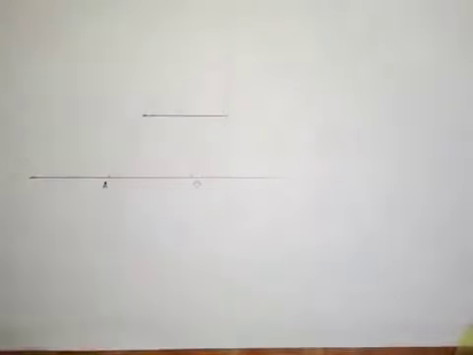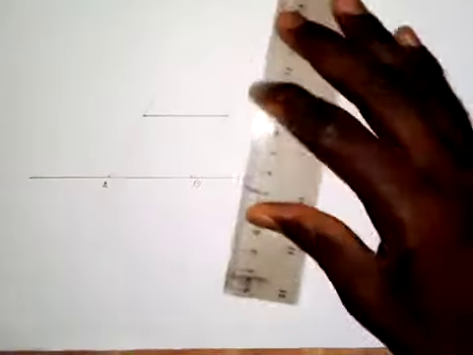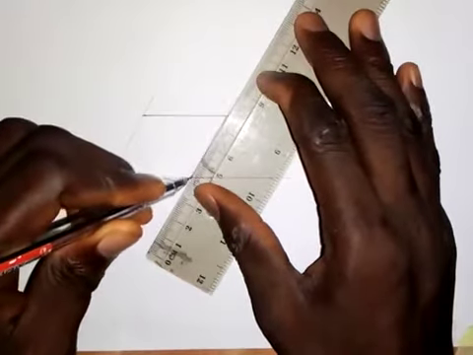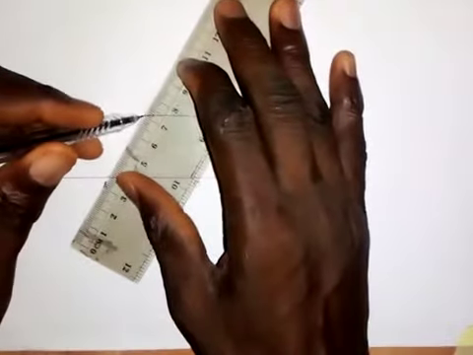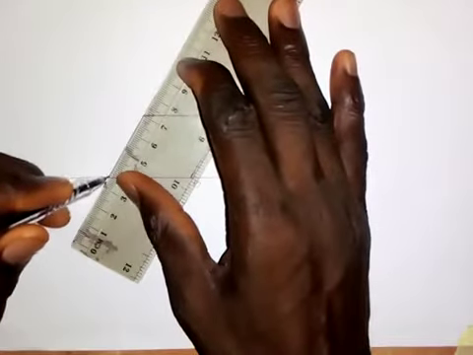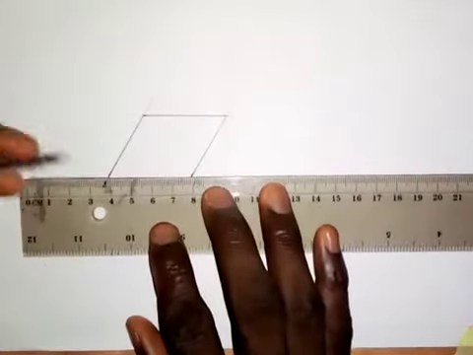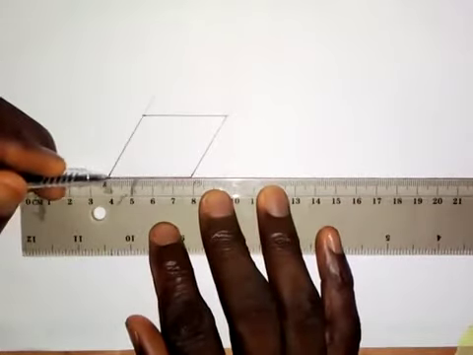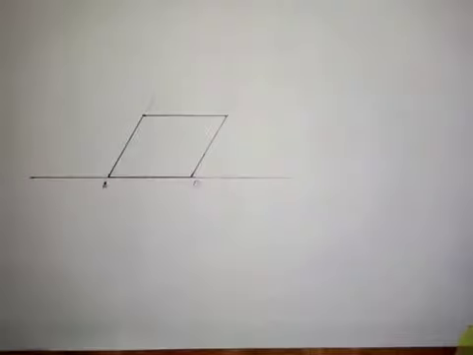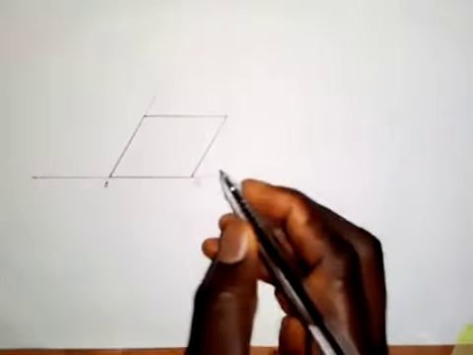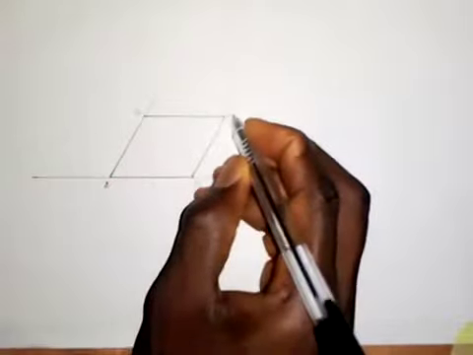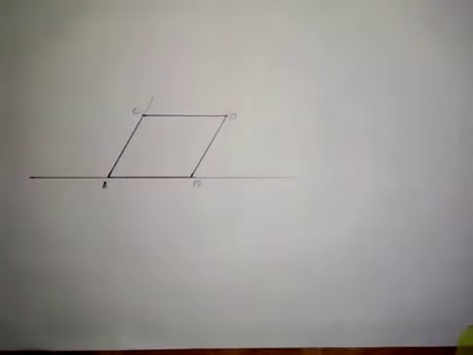All I need to do now is to make it thick. So this is the parallelogram. This is point C, and this is point D. So we have the parallelogram in place right now.